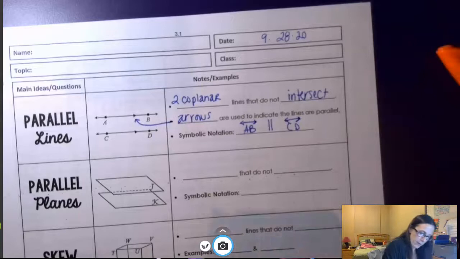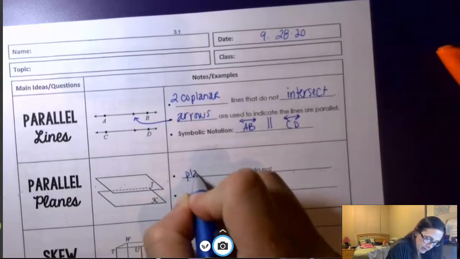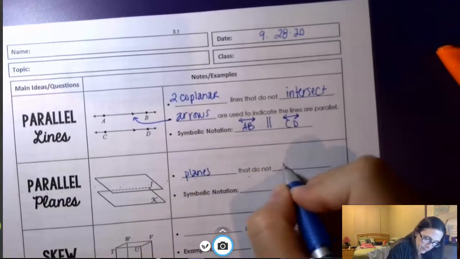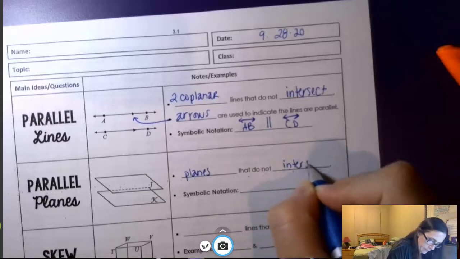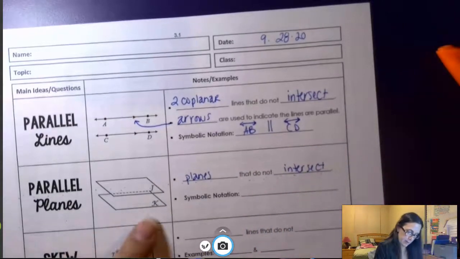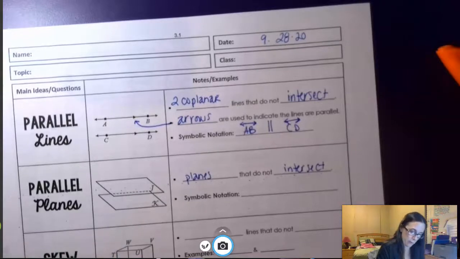Okay, now parallel planes are planes that do not intersect. So I could say something here like here's two planes, kind of a roof and a floor.